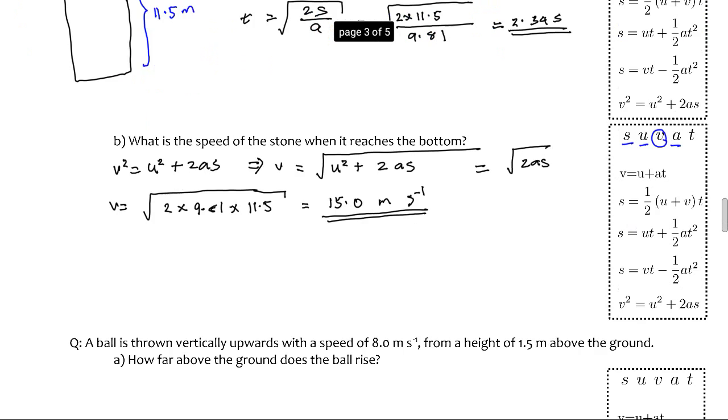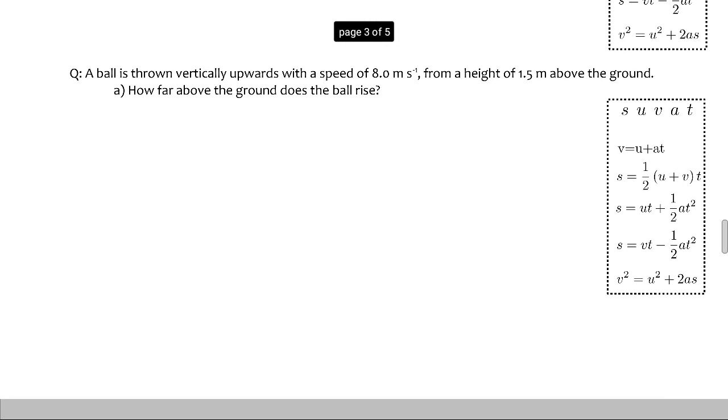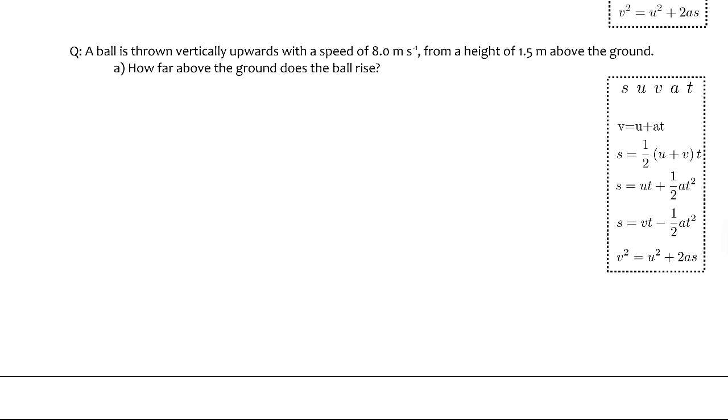Right. So let's look at another example. In this example, a ball is thrown vertically upwards with a speed of 8 meters per second from a height of 1.5 meters above the ground. How far above the ground does the ball rise? Say this is the ground, and somebody is throwing the ball from a distance of 1.5 meters.